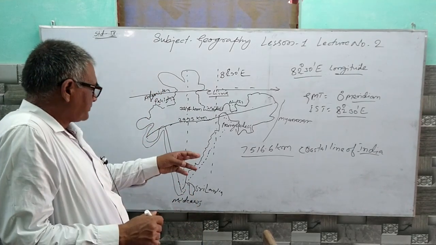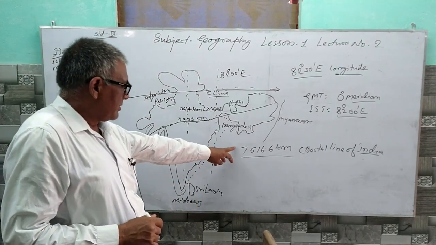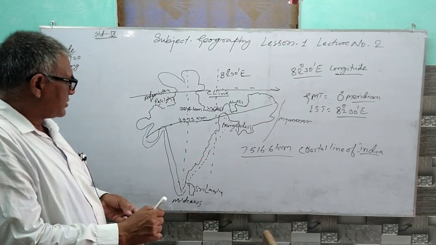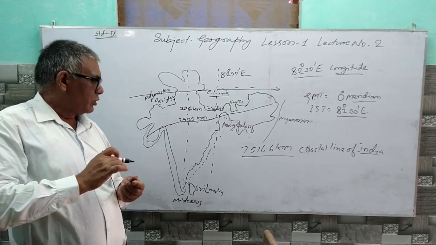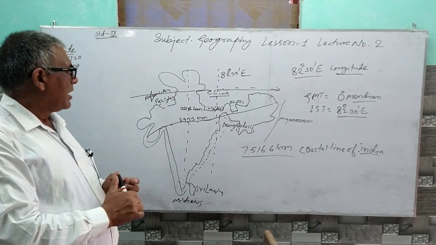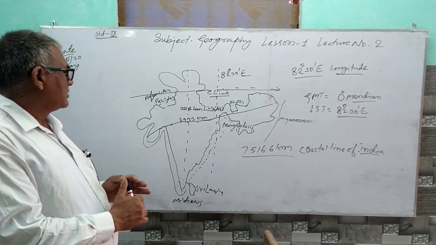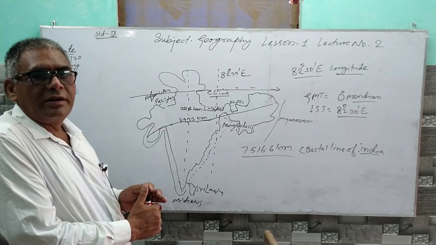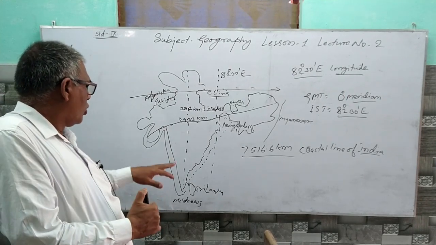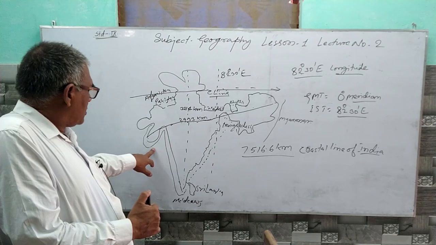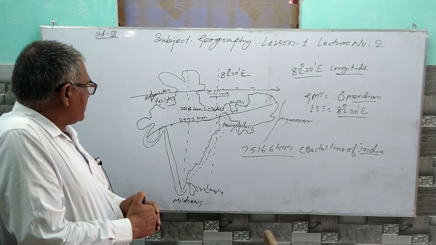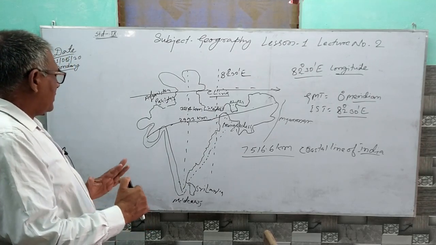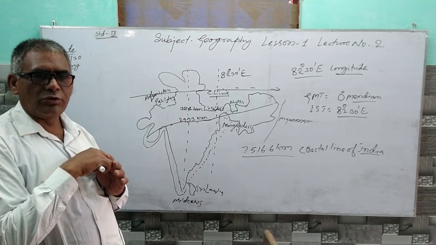So India's coastal line is 7,516.6 kilometers. This is a long coastal line, and this coastal line helps us in marine trade with different countries of the southwest and southeast, and it helps in India's economy.